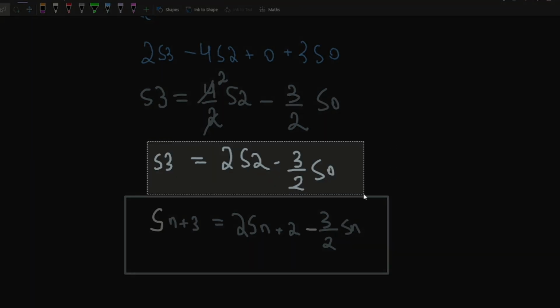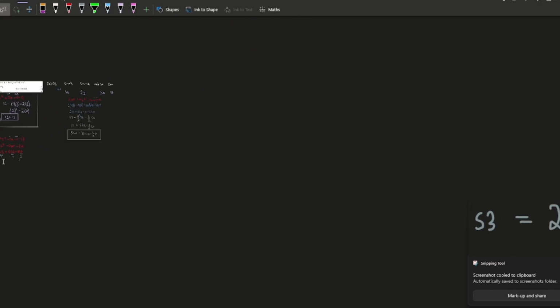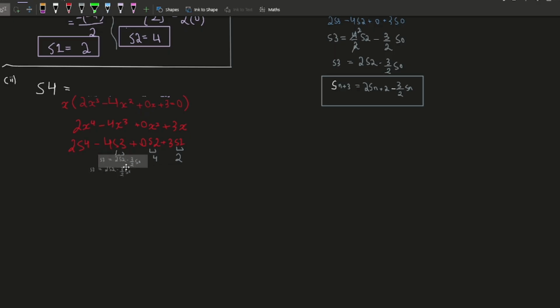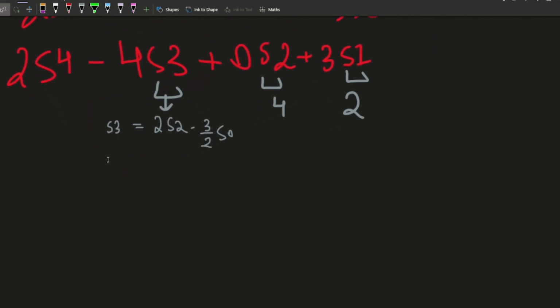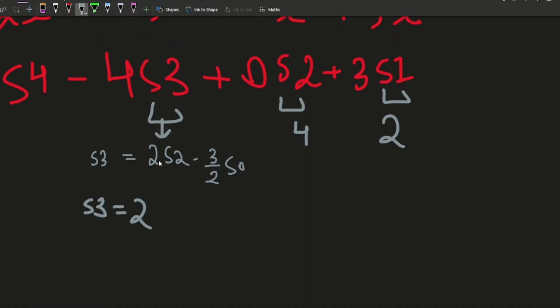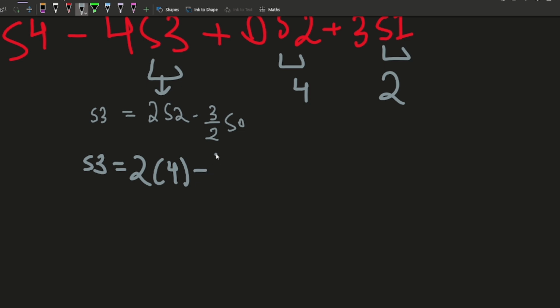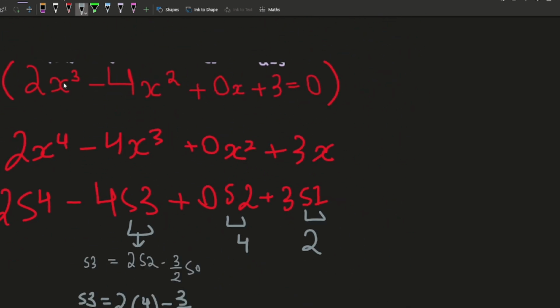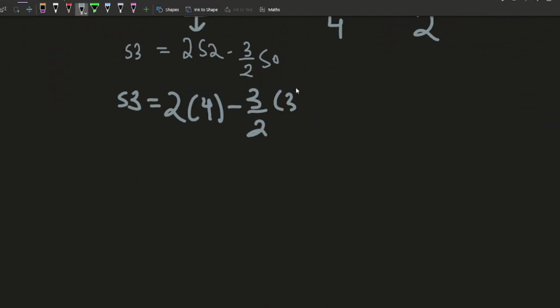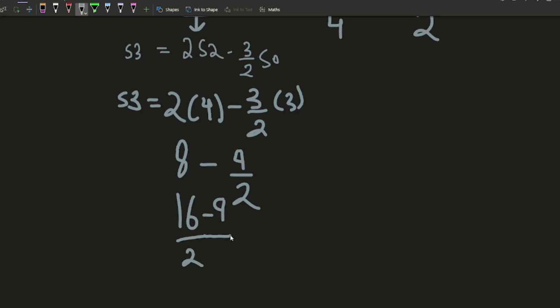So let's do that quickly. S3 will be equal to 2 times S2, which is 4, minus 3 over 2 times S0, which is the same as the power of the highest degree, which is 3. So this will be 8, this will be 9 over 2, this will be 16 minus 9 over 2, and in the end we will be left with 7 over 2.